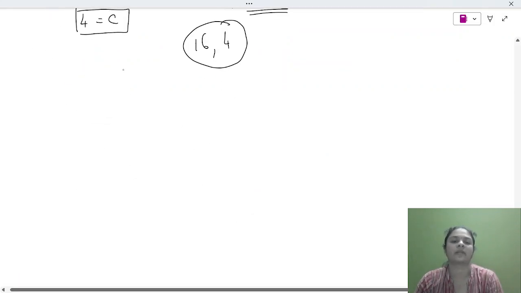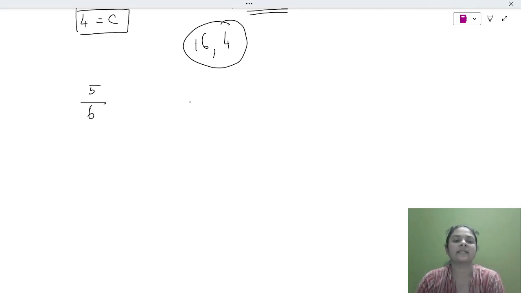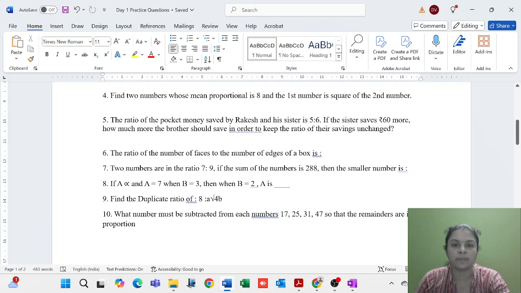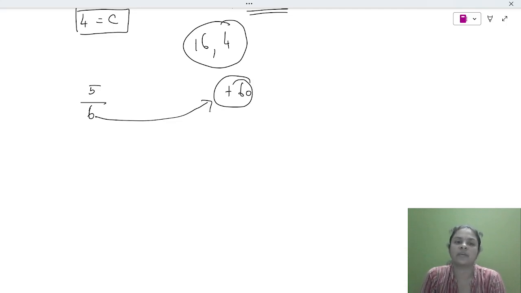Now, sister is increasing the savings by 60 rupees. Okay, so sister is in the numerator or the denominator? The denominator. So the denominator represents the sister here, and sister is increasing the savings by 60 rupees. Now by how much should the brother increase the savings to make it in the same proportion?